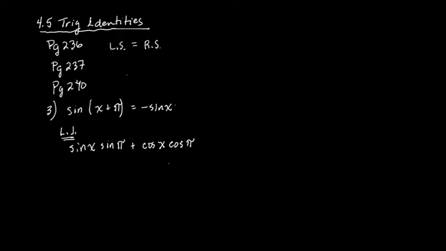Well, there are 2 ways we can find out what the sine of pi is. We can think back to our unit circle. We said a point P on that unit circle, with an angle theta in standard position, had an x-coordinate of cosine theta and a y-coordinate of sine theta.